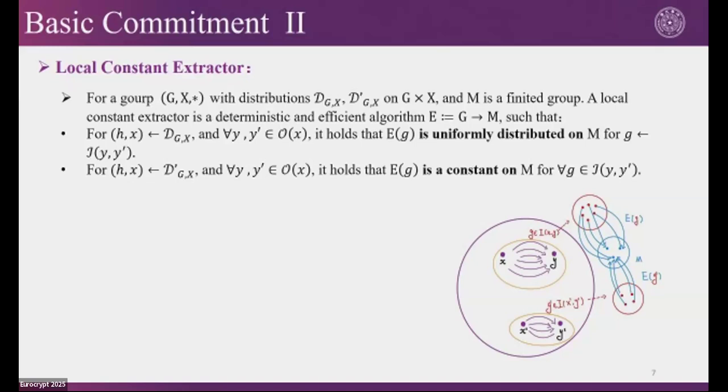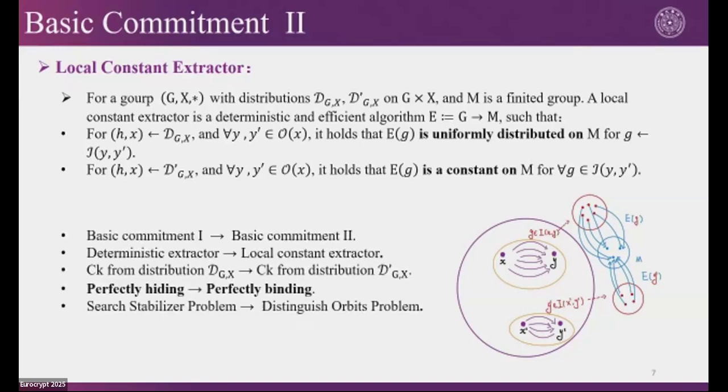Now, the distribution E prime is such a distribution, and if G prime is from such a coset, Eg prime will be a constant on M.